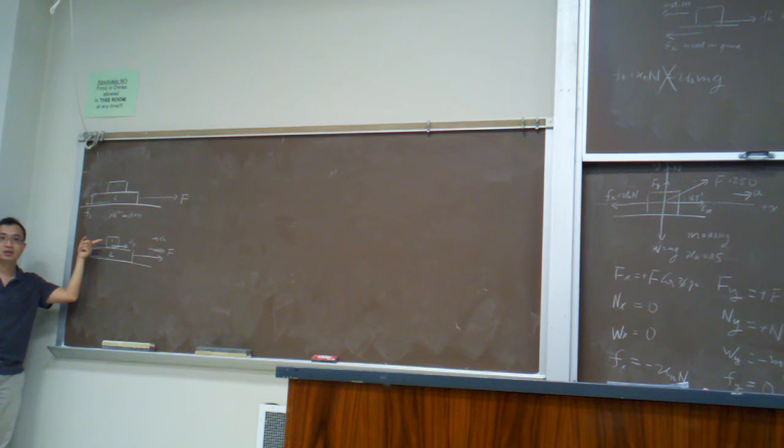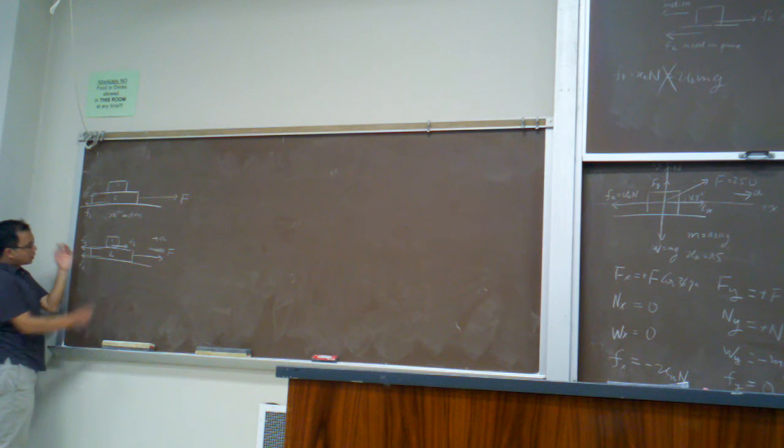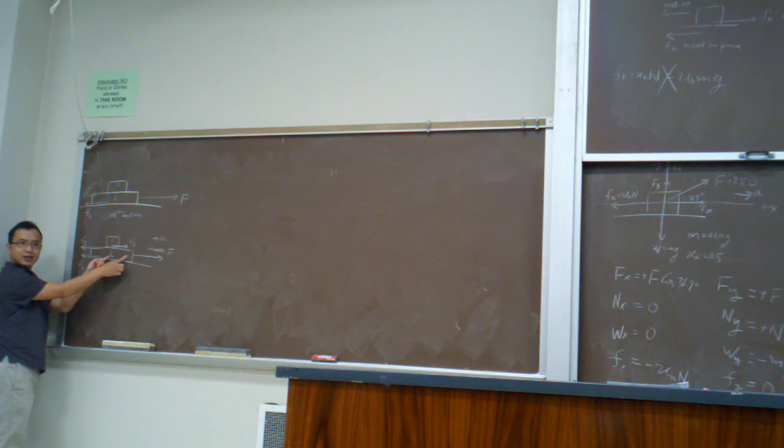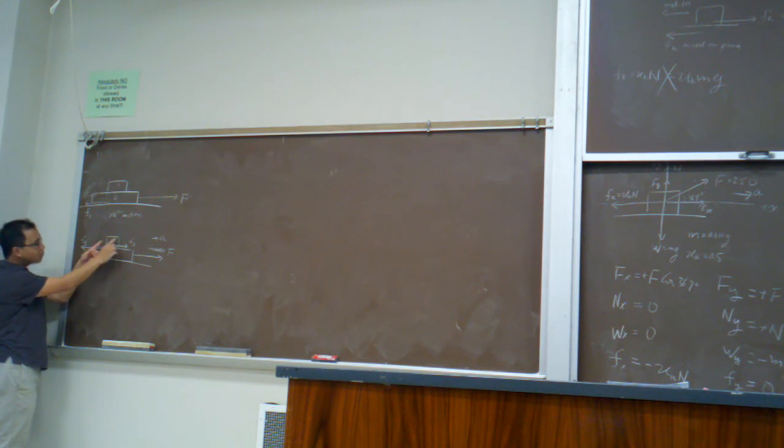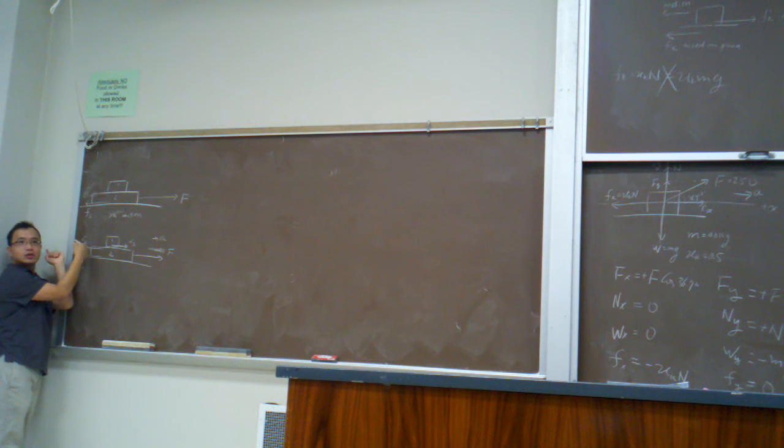Can you see that? And the reason is that this is the reaction for this force. So it's opposite to that. Okay? In other words, object 1 has a tendency to move backwards compared with object 2.